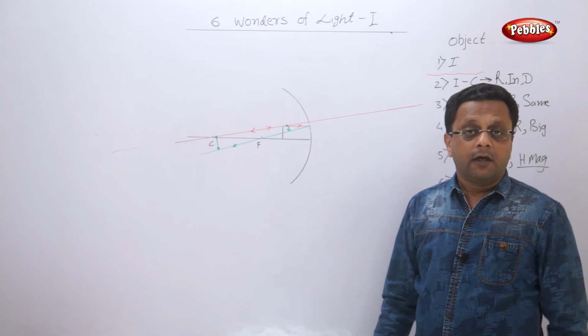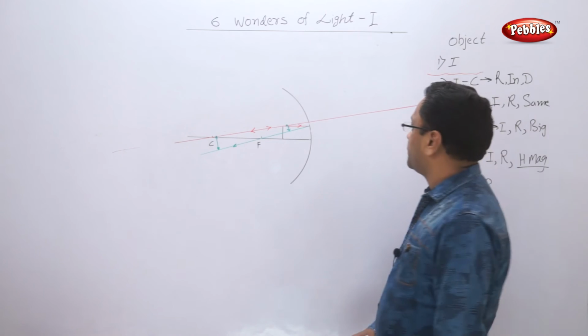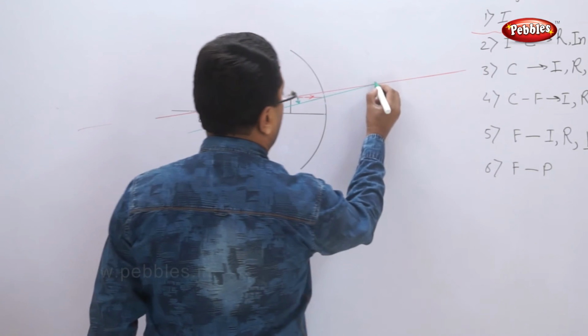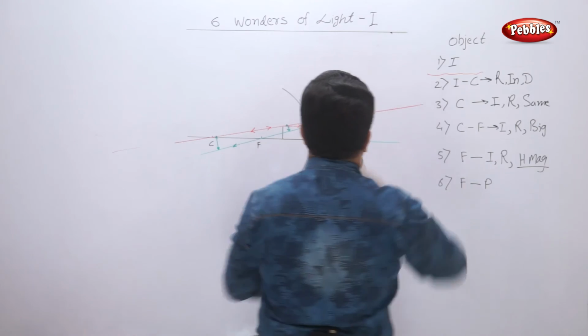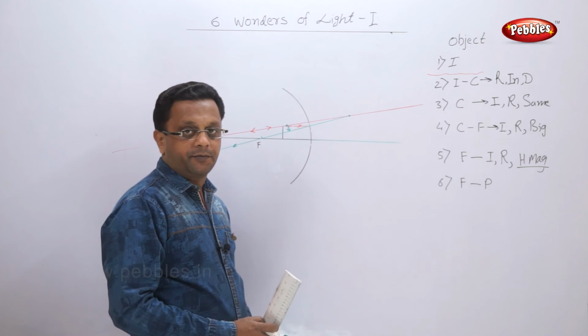So where will the image form? Now let us have the virtual image. I will extend this. I extended this ray here and I got the point of contact on this side. I am extending the principal axis virtually.